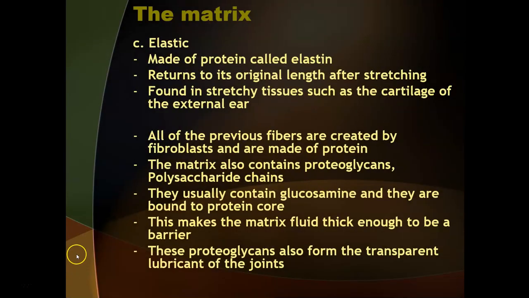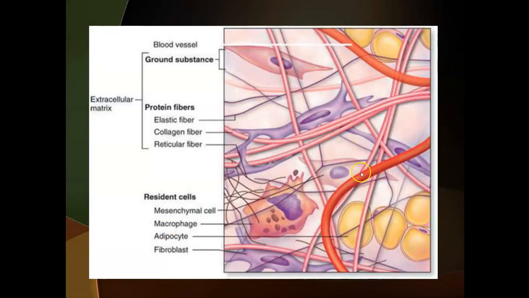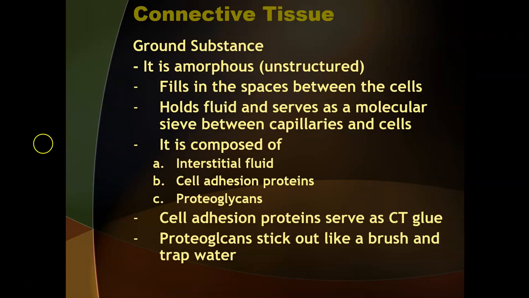Again, we see in here all these proteoglycans and polysaccharide chains. You should take away from this picture that connective tissue is pretty busy tissue. There's a lot going on in it. Although, like usual, this artist through the textbook has put everything in the picture, and not every connective tissue you look at will have everything in it.